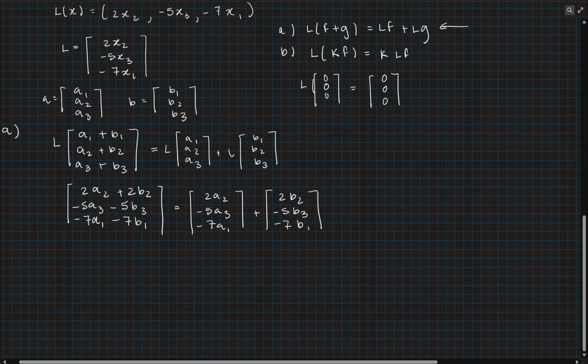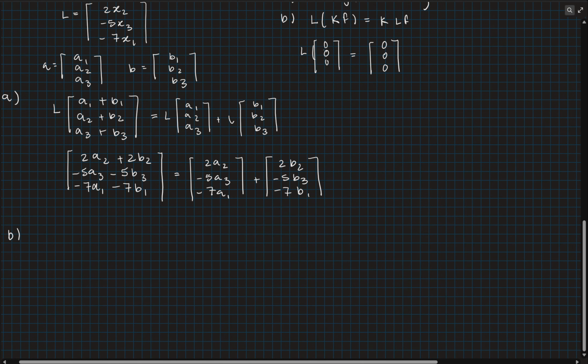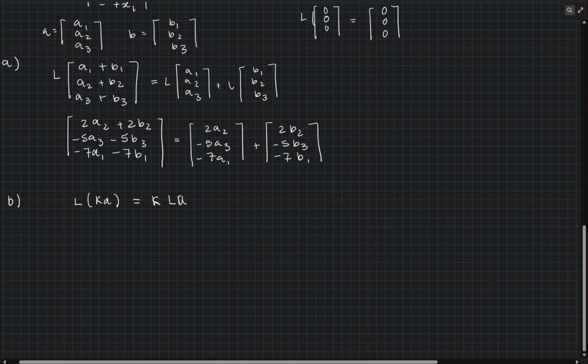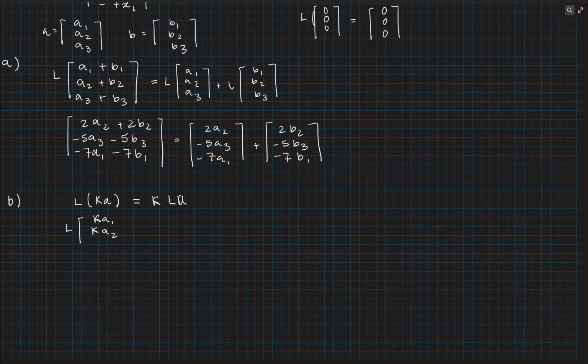So now let's check B. Here for B, you just need one vector. So let's use the vector A, and let's use some random constant k. We're saying that L of k times A needs to be equal to k times L of A. So this is L of kA1, kA2, kA3.